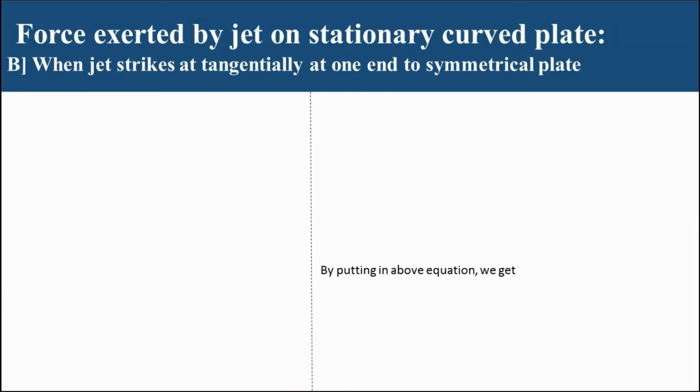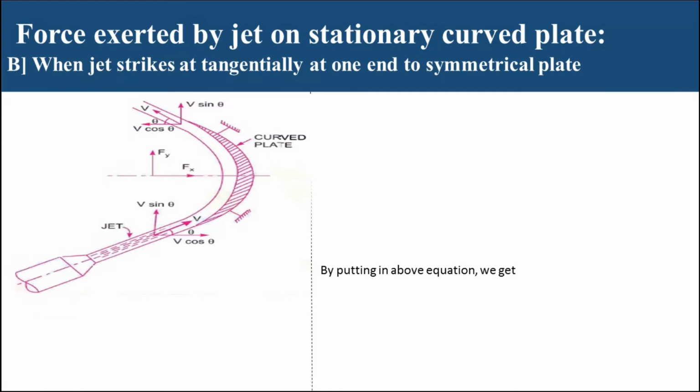After that we will see our next case: force exerted by the jet on a stationary curve plate. In this case the jet is striking tangentially at one of the ends. In our last case the jet was striking at the center. Now the jet strikes tangentially at the inlet.